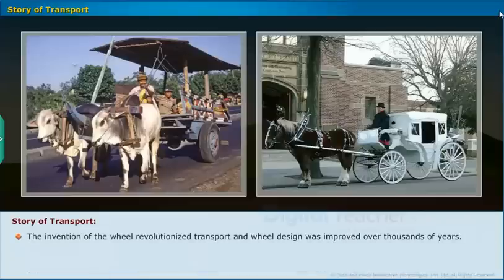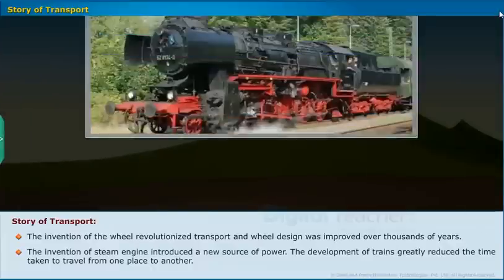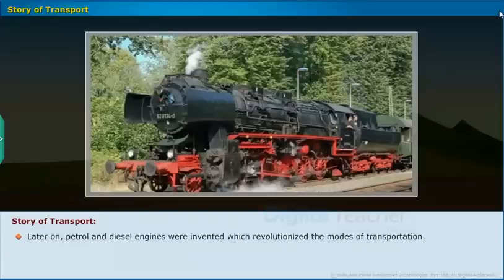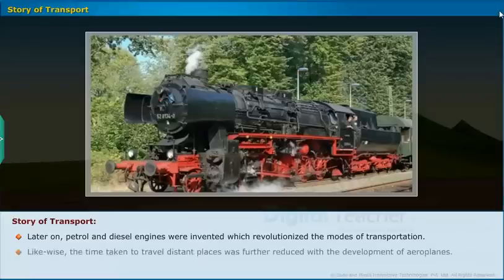The invention of the wheel revolutionized transport, and wheel design was improved over thousands of years. The invention of the steam engine introduced a new source of power. The development of trains greatly reduced the time taken to travel from one place to another. Later on, petrol and diesel engines were invented, which revolutionized the modes of transportation.